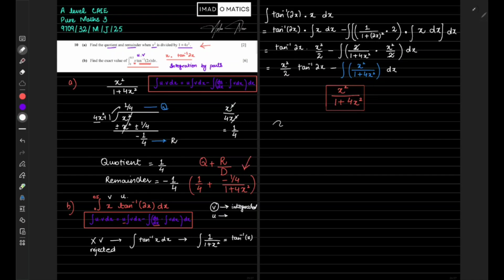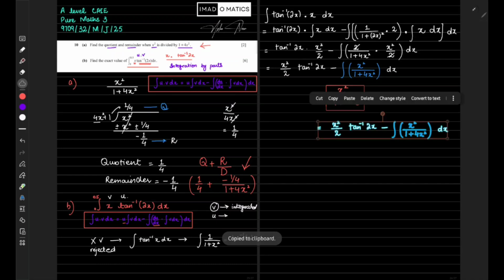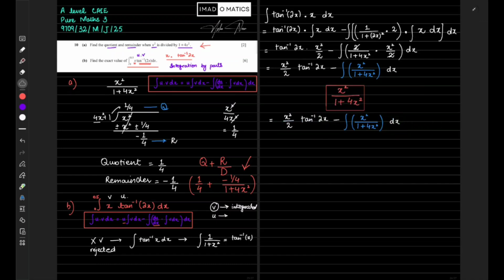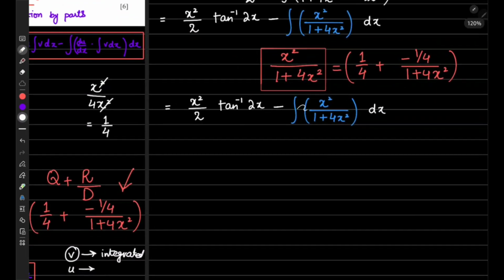Okay, so let's substitute that from part A. Okay, so that will be minus integral of 1 over 4 minus 1 over 4 times 1 plus 4x square.